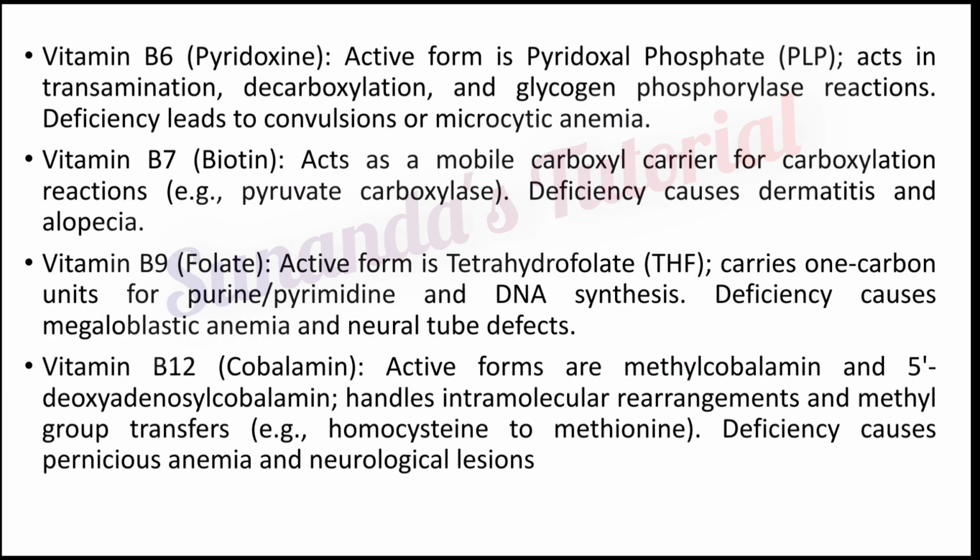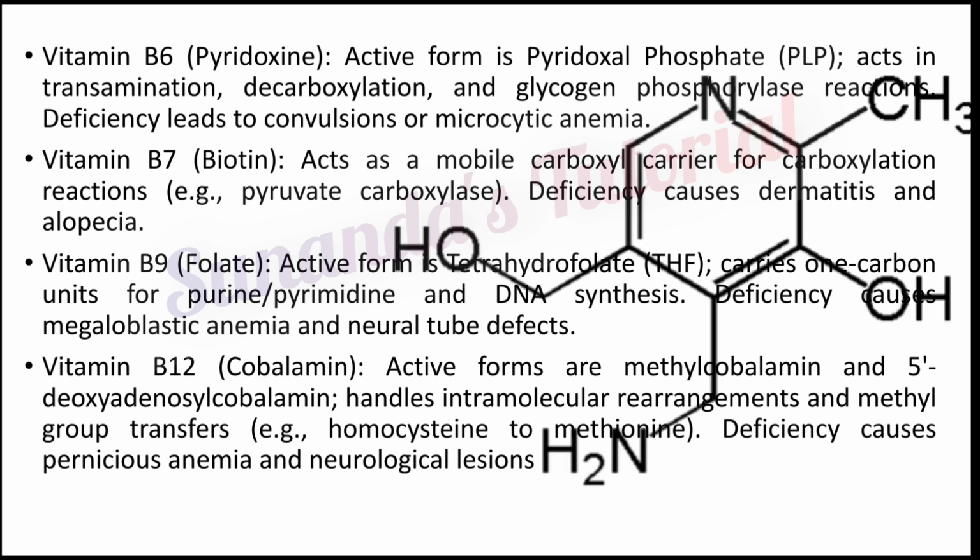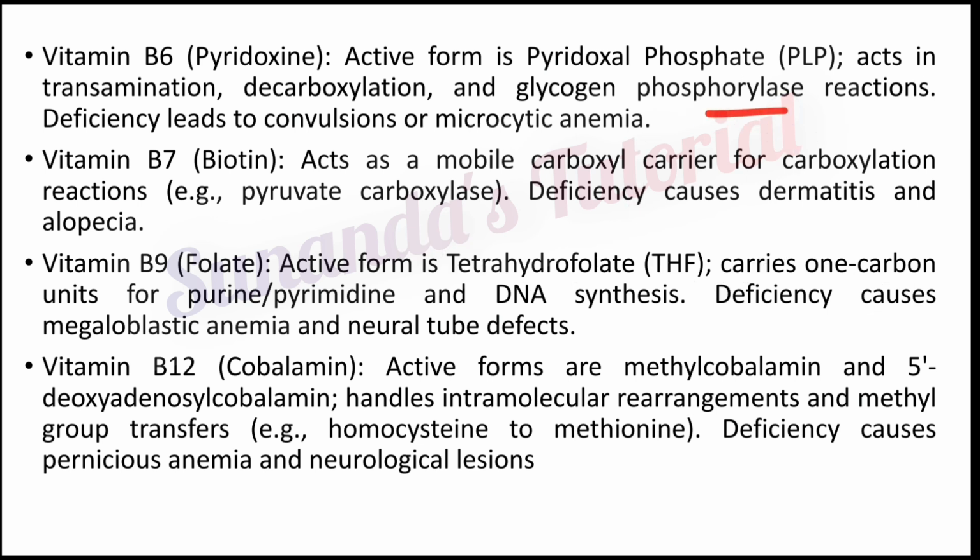Next, B6 or pyridoxine. The active form is pyridoxal phosphate, which acts in transamination during the formation of amino acids, decarboxylation reactions, and glycogen phosphorylase reactions.